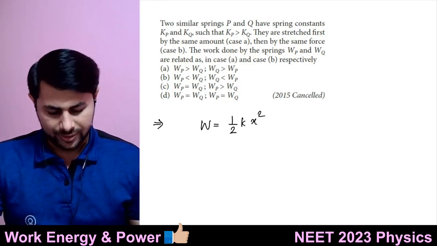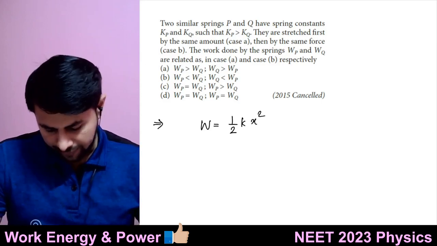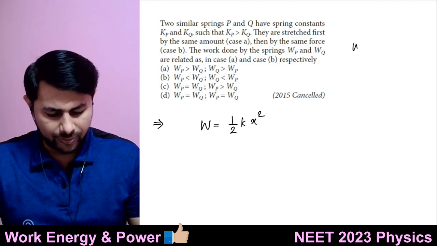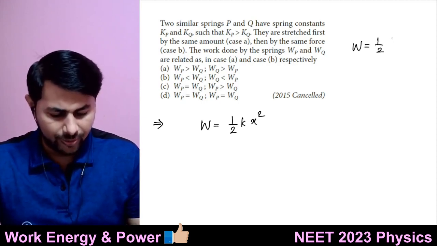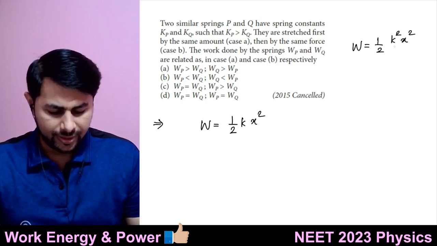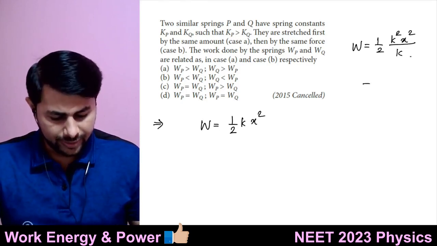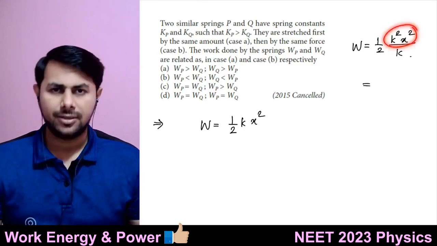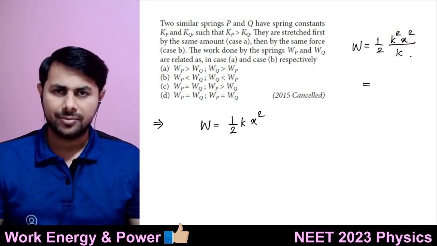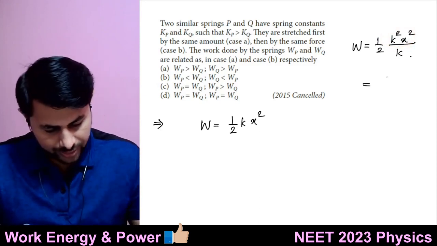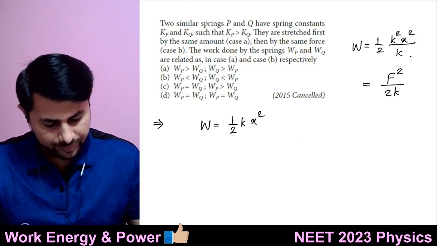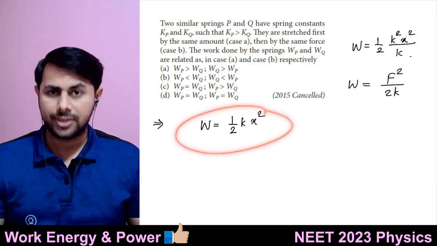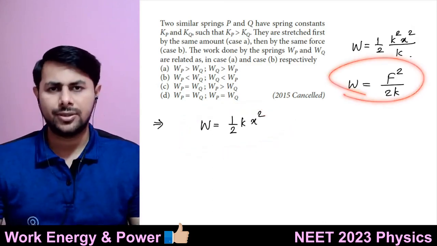When they are stretched by the same force, we can write work done as half of k square x square upon k. We multiply and divide by k such that the numerator is force square, because kx is the force. So it is F square upon 2k. In the first case, we'll use the first formula; in the second case, this formula.